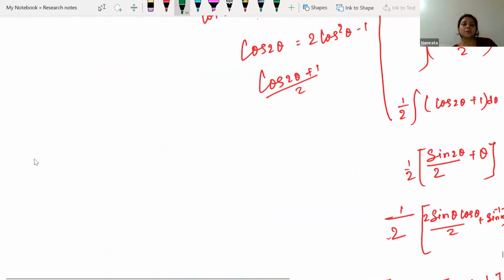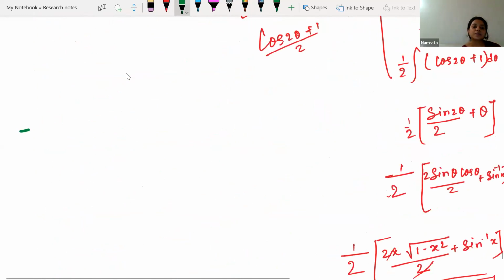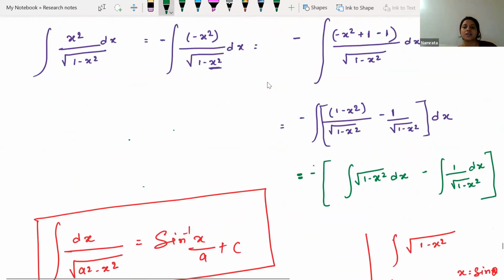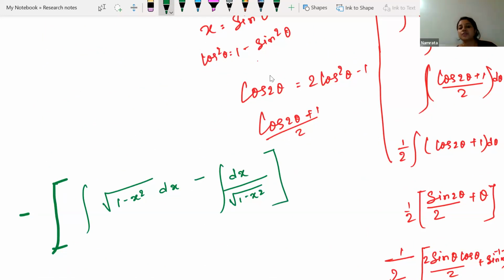So in the green boxes we have minus under root 1 minus x square dx. This was our first integration, and the second integration was minus dx by under root 1 minus x square.